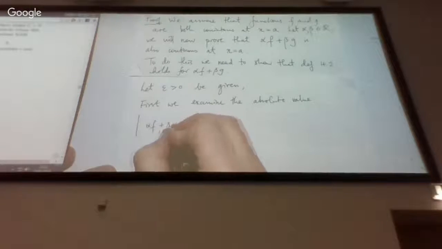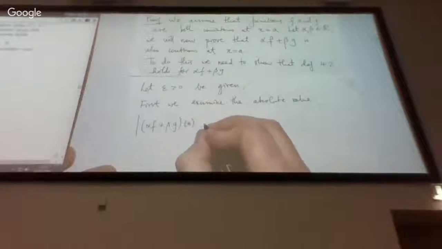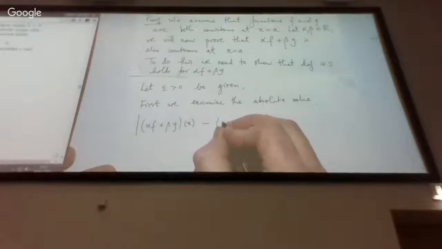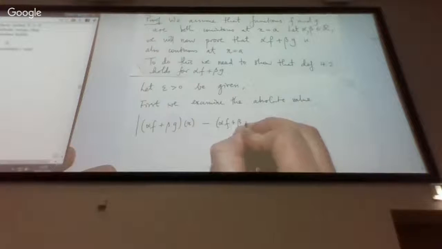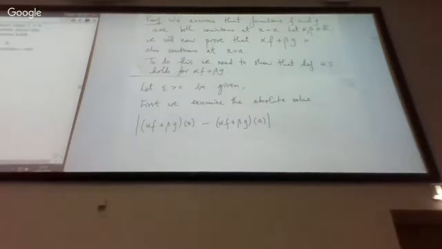But now we're focusing on this new function, alpha f plus beta g. So it's this absolute value here we have to focus on. We have to find the delta such that if x is within a distance delta of a, this absolute value has to be less than epsilon.